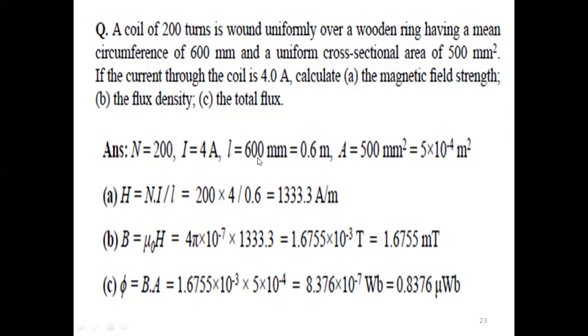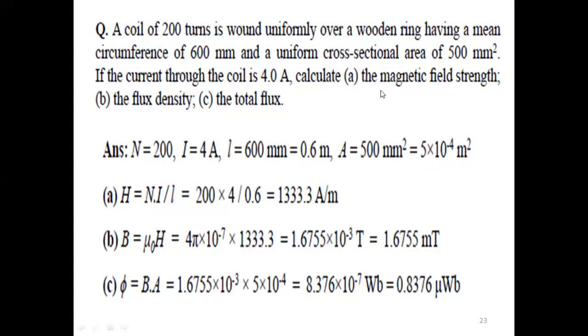Two zeros will cancel, so it becomes 0.6 meter, also we can write this. And 500 into 10 to the power of minus 6, the total is 5 into 10 to the power of minus 4 meter square.